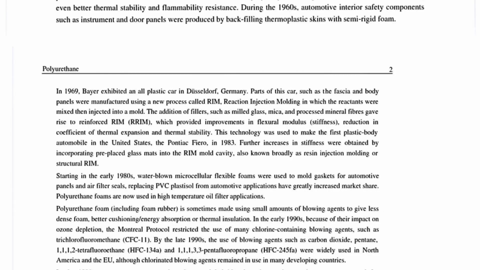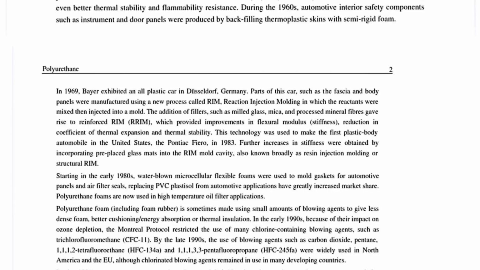Polyurethane foams, also known as foam rubber, are sometimes made using a small amount of blowing agent to give less dense foam, better cushioning and absorption and thermal insulation.